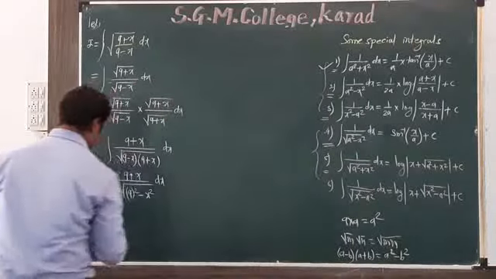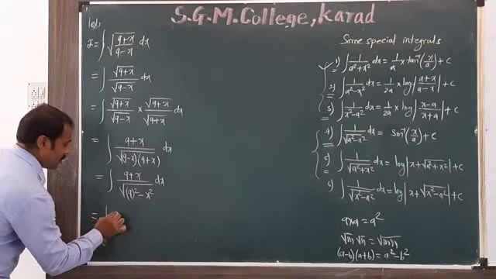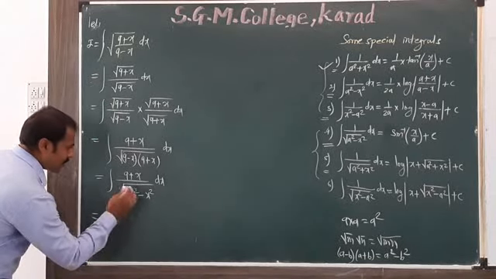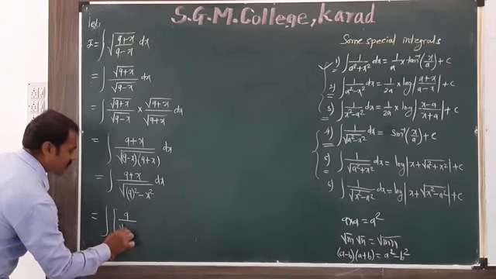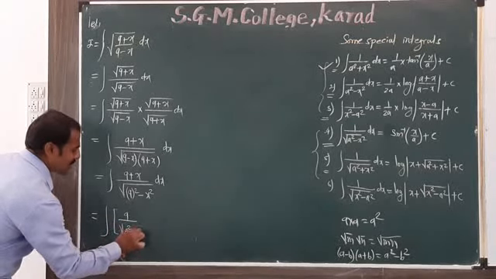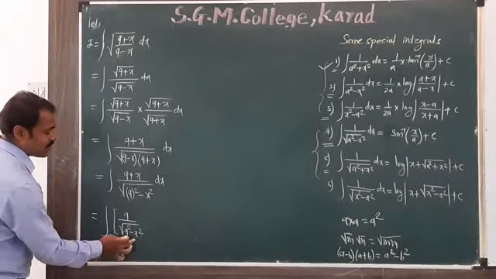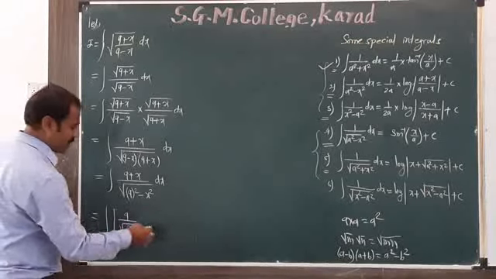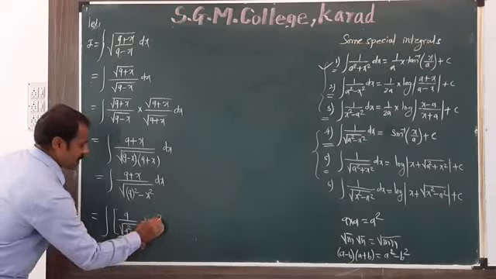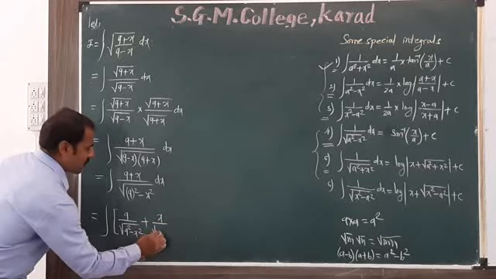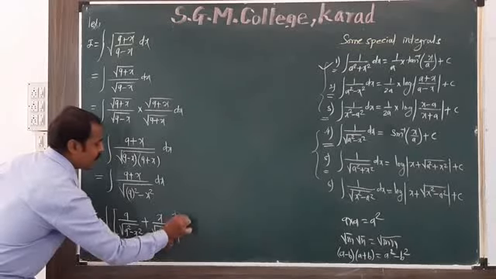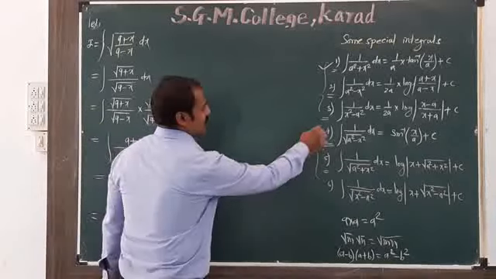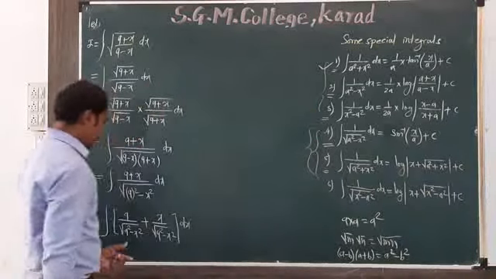Now to solve this integration, I can separate the denominator. On separating, the integration becomes the integration of 9 divided by square root of 9 square minus x square, that is, constant square minus variable square, plus x divided by square root of 9 square minus x square. So it is an example on some special integrals.